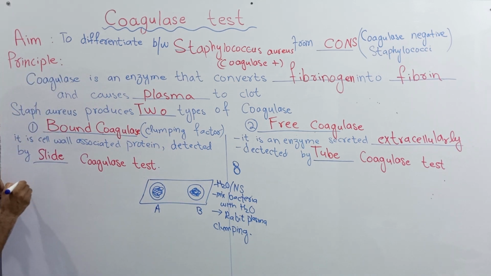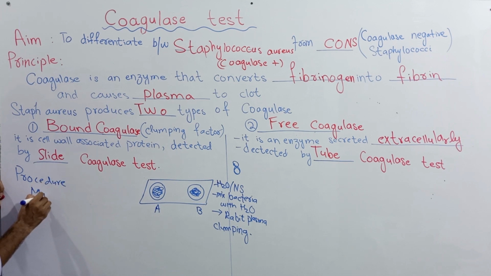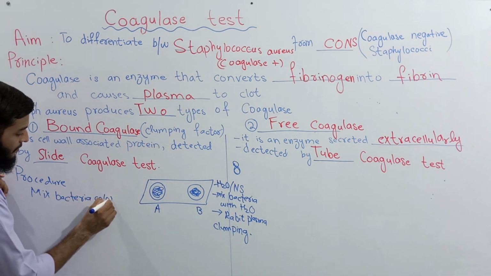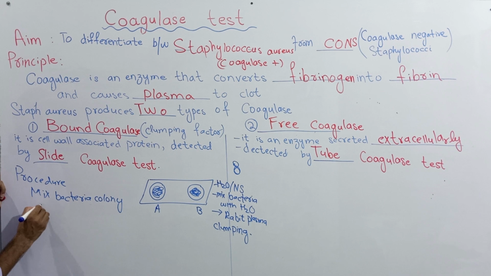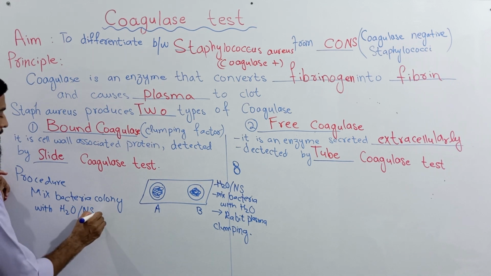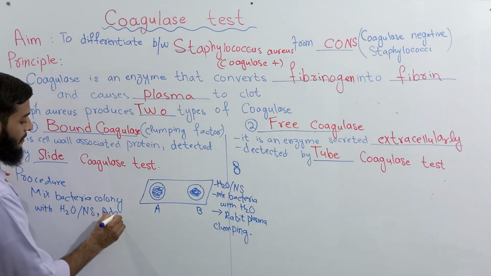So in the very first step, mix the bacterial colony with water. Add rabbit plasma.